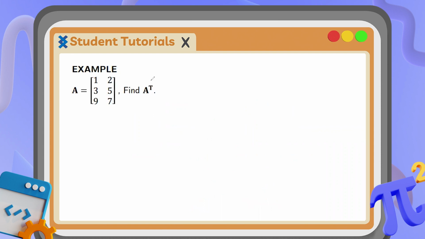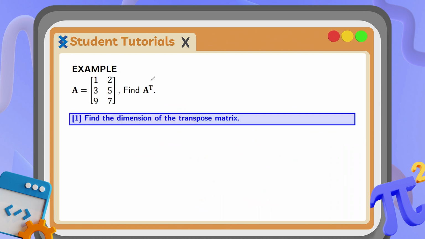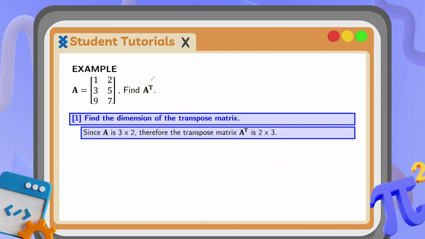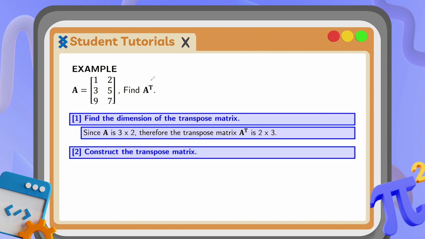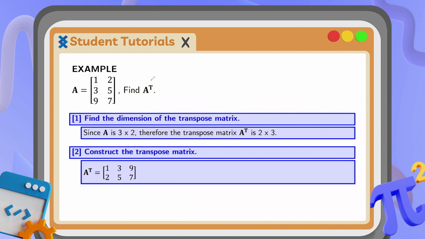So let's have an example. Given this matrix A, find the transpose. So first, find the dimension of the transpose matrix. Since we have a matrix that is 3 by 2 in dimension, therefore the transpose is 2 by 3. Then we construct the transpose matrix. So how did we derive this answer?